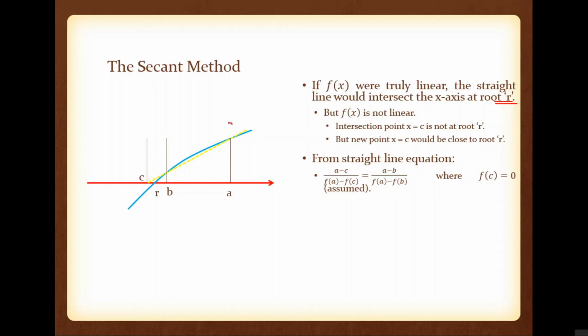Please note, this is f of a, that is value of a, this is f of b, and this is c. So at c, value of function is f of c. Okay. So by using the equation of straight line, we have a minus c divided by f of a minus f of c, that is equal to a minus b divided by f of a minus f of b.